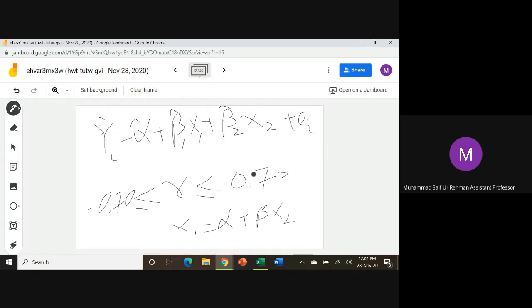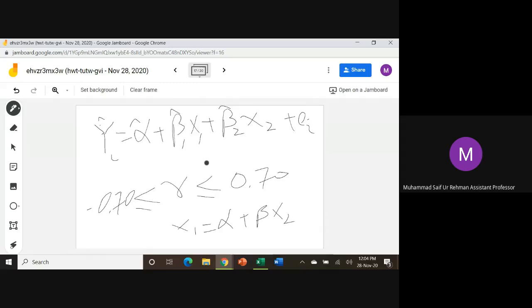So if you see that CGPA and the percentage marks are correlated, and their correlation coefficient is so high that it is just near to 1, then you may drop one out of these two. You can only consider the percentage marks, or you can only consider the CGPA to give admission to the upcoming students.